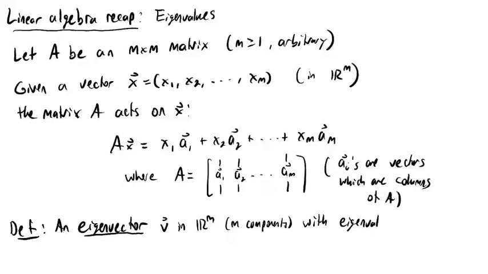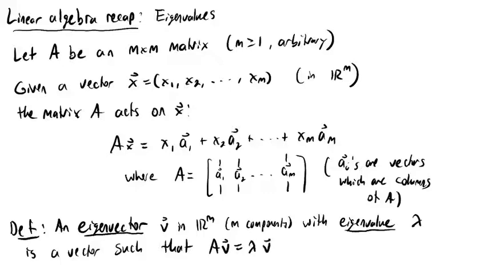Every eigenvector will have an associated eigenvalue, lambda, is a vector such that when I apply A to this vector, the resulting object is just a scalar multiple of the vector, and in particular, it's equal to lambda times v.